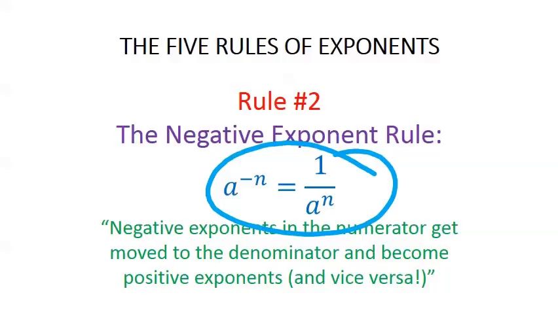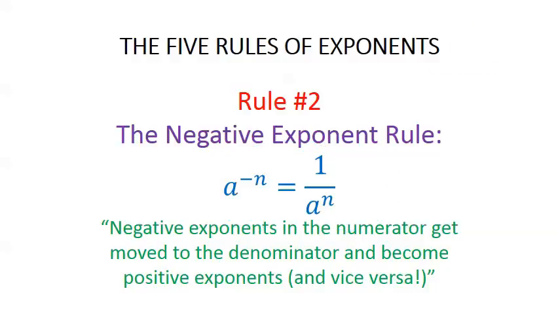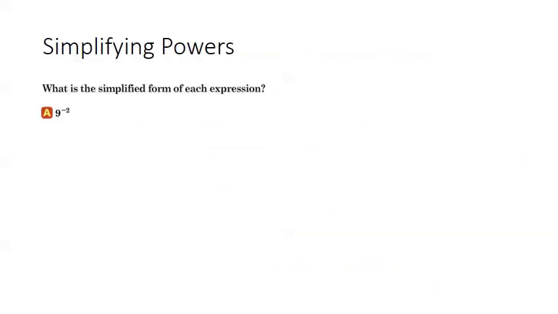That's the negative exponent rule. And if you had 1 over a to the power of negative n, you move that to the top: a to the power of n. Let's do some examples.